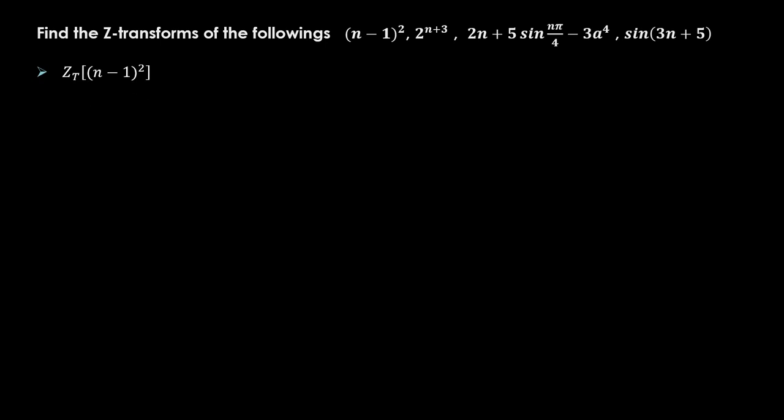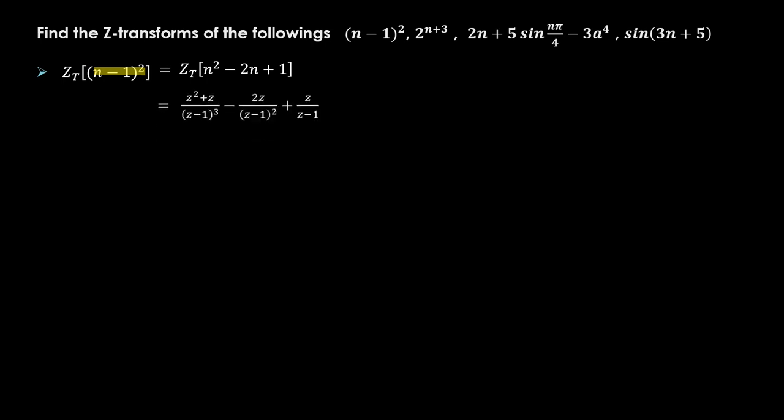First problem, z transform of (n minus 1) whole square. It is of the form (a minus b) whole square, which you know is a square minus 2ab plus b square. So it is the z transform of n square minus 2n plus 1, and you know the z transform is linear. You can split it: z transform of n square minus 2 times z transform of n plus z transform of 1.